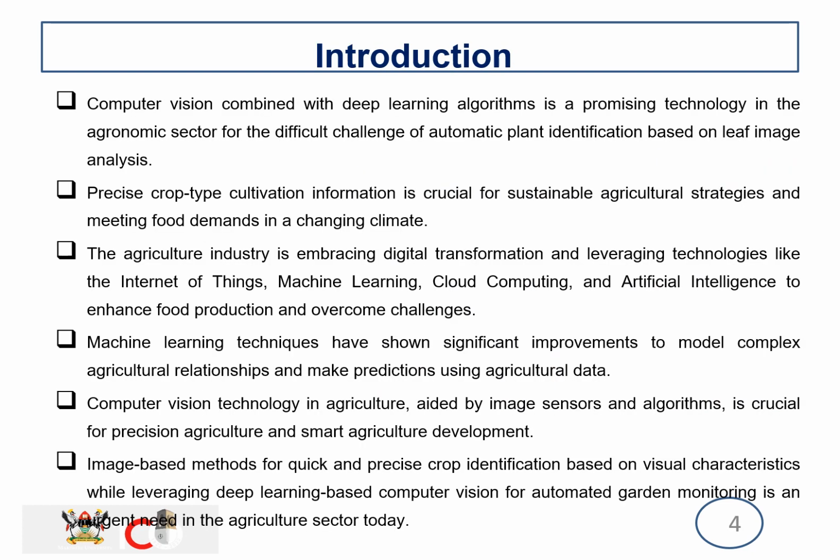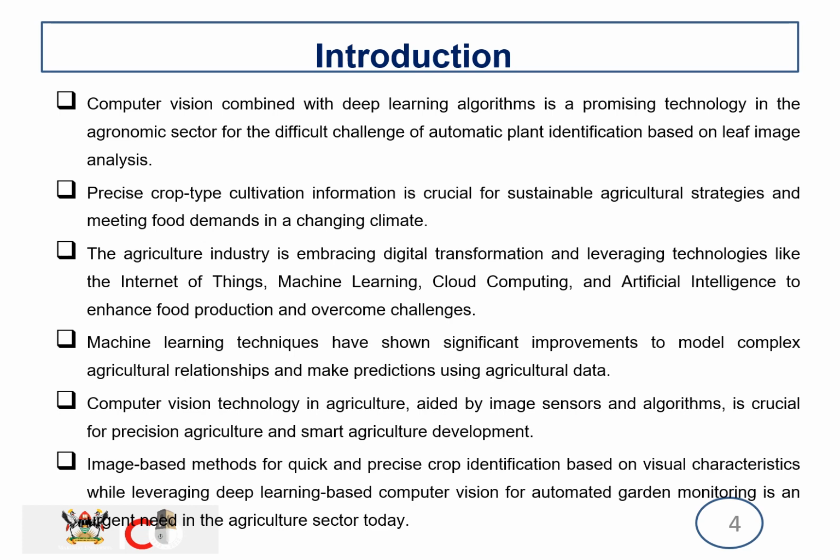Looking at the basis of this project, computer vision combined with deep learning algorithms is a promising technology in the agronomic sector for the difficult challenge of automating plant identification based on characteristics, maybe the leaves and so forth.